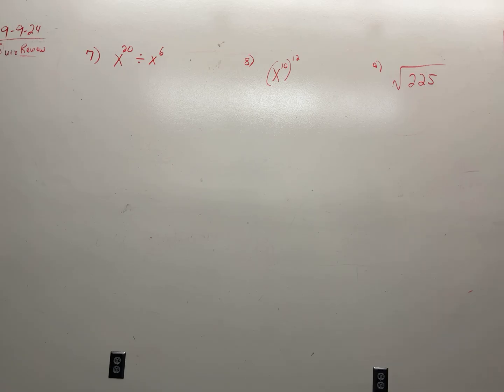You should have a page in your notes talking about exponents. Or go to your warm-ups, because we've done something very similar to all of these before. This is not the first time that we're seeing them.